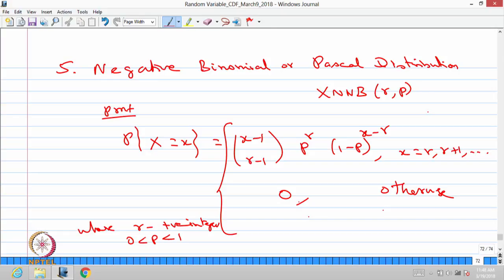So, this is also a discrete type random variable, and the CDF has countably infinite jumps. I am not going to draw the CDF of a negative binomial, but one can visualize that the CDF has countably infinite jumps.